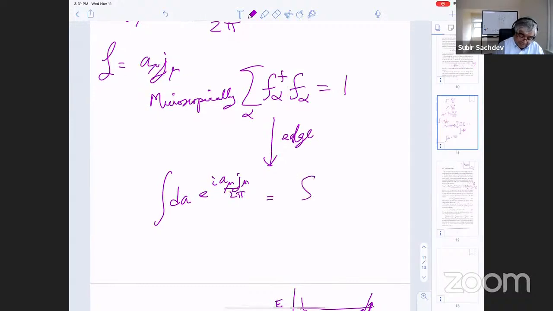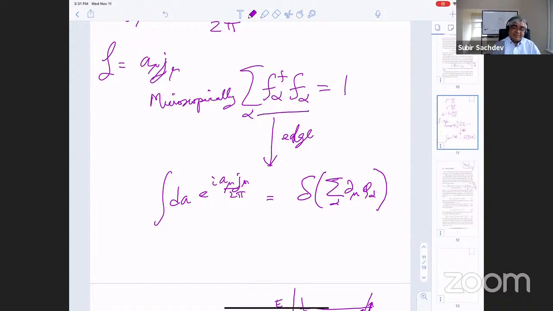And the delta function tells us that the sum on alpha, sum on spins, of d mu phi alpha is 0. Meaning that there's no fluctuation in the total charge density. And that's exactly what it should be, because that's the constraint. The total number of fermions is not allowed to fluctuate. You're only allowed to change fermions from up to down.